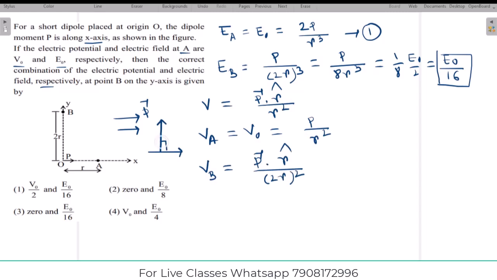So the angle between them is 90 degrees. So P dot r cap is P cos 90, cos 90 is 0, so V_B is equal to 0. That is, the electric potential at point B is 0 and the electric field is E0 by 16, so here option 3 is the correct answer.